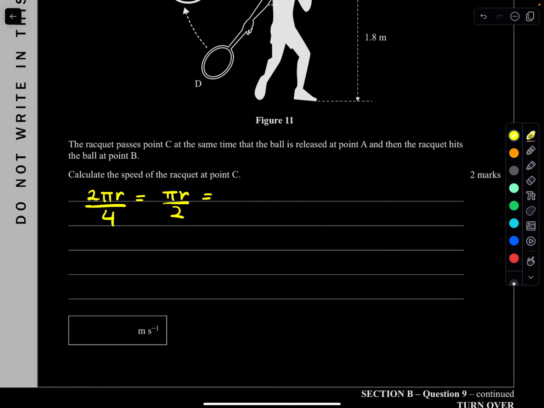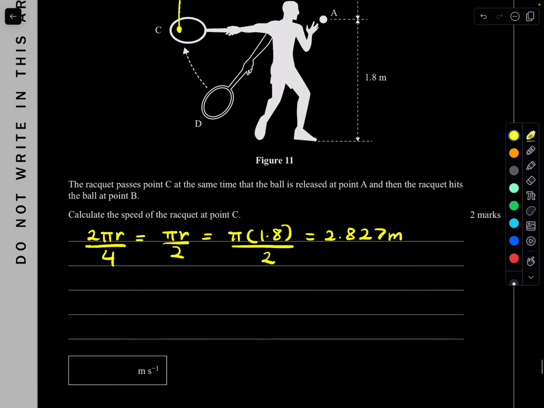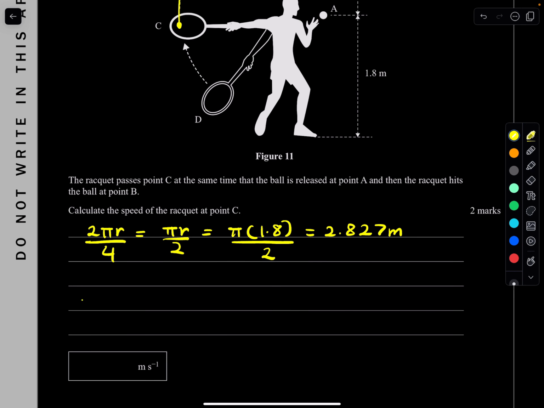So pi, your radius, they told us the radius, 1.8, divided by 2. Pi times 1.8 divided by 2 is 2.827 meters. Done. So if we've got the distance, we know the speed.